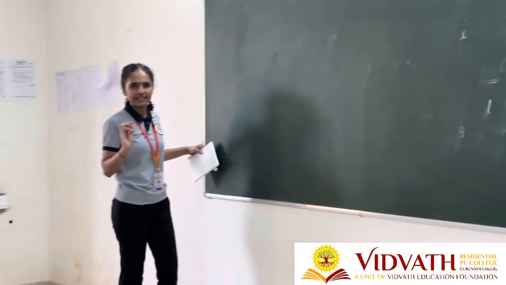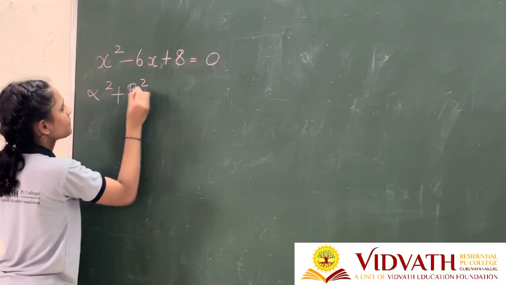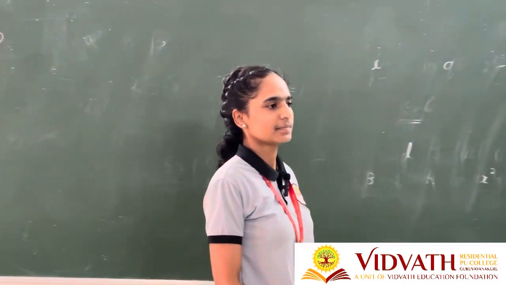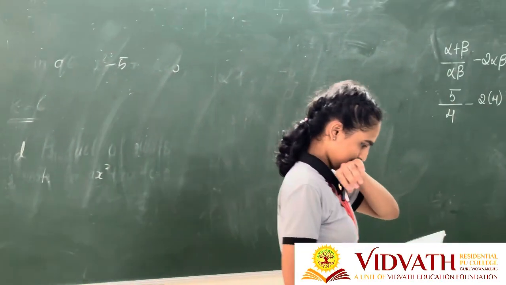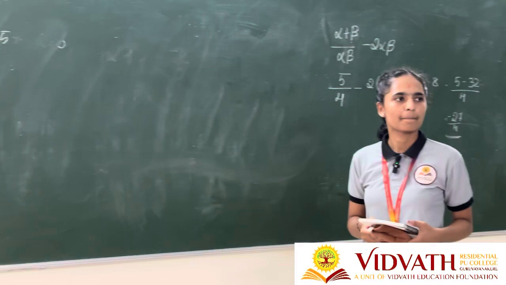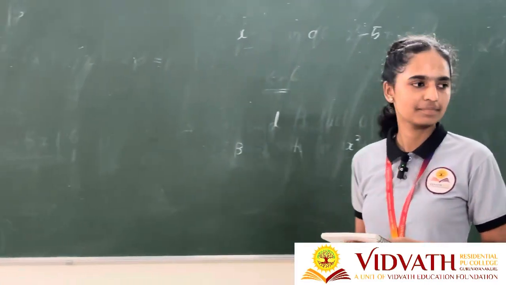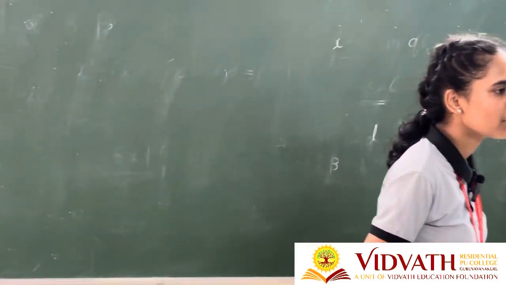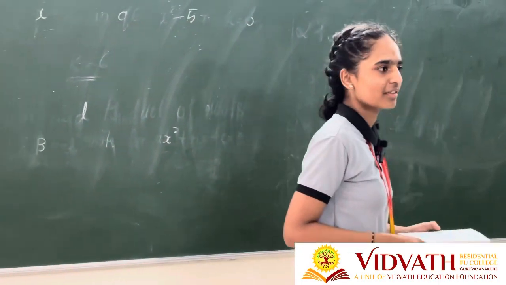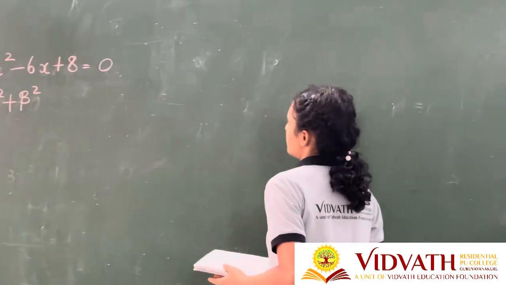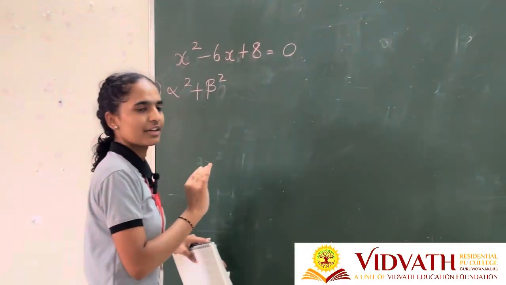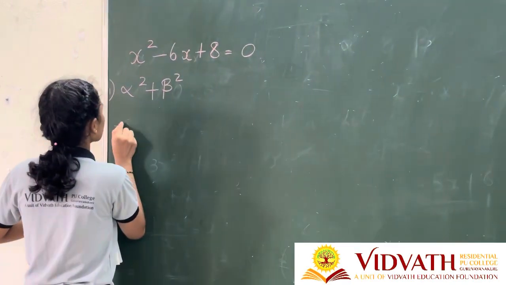If alpha and beta are two roots, beta square. Yeah, it's 20. So to solve this, yeah, it's correct, 20.